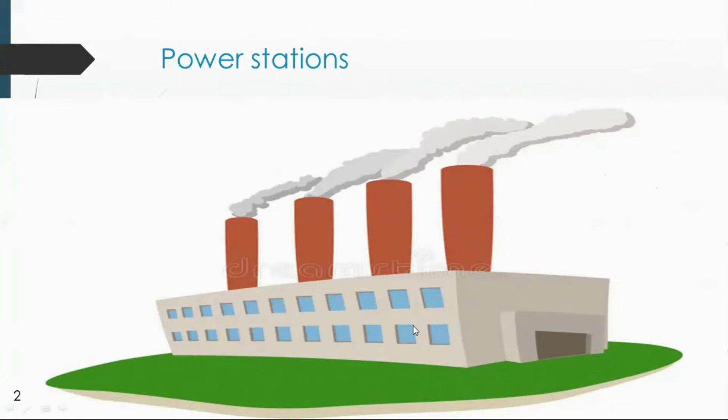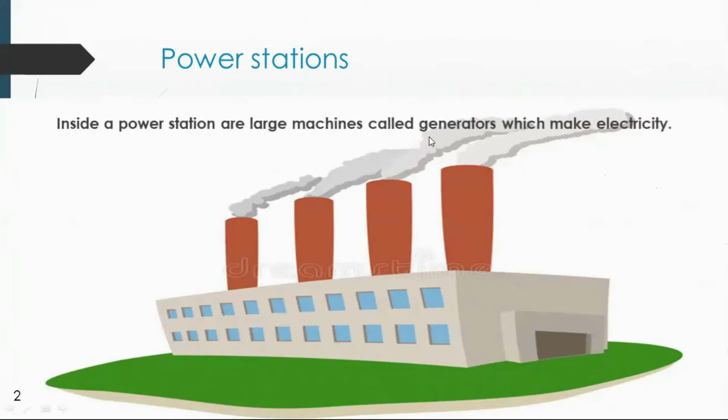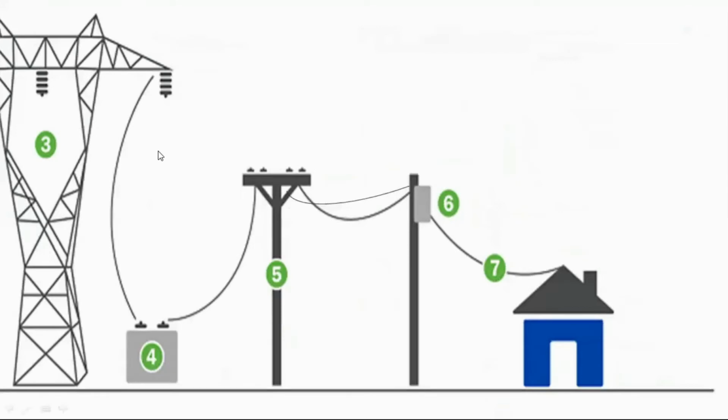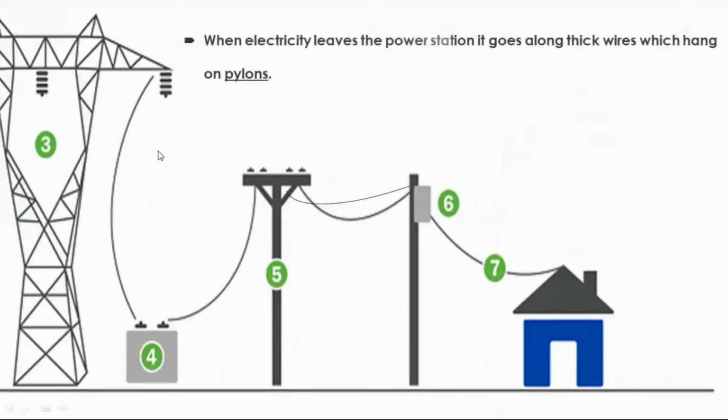Those large machines are called generators. Those generators make electricity. Large machines called generators are making what? Electricity. Where? Inside a power station.